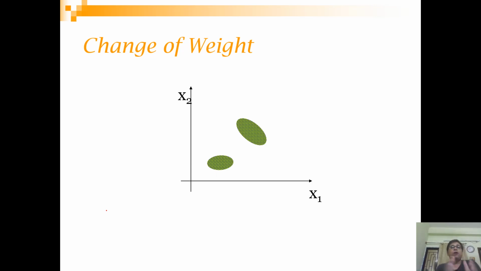Let's try to understand this with a visualization. What this perceptron is trying to do is fit a line. These are your two classes, and w1x1 plus w2x2 will give you a line. Let's say you have some random values for w1 and w2, which will represent a line like this.